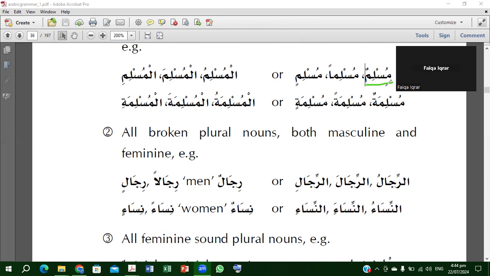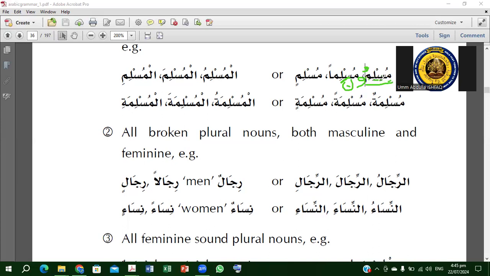مسلمون. Barakallahu feek. So what did we do? We add a wow noon in the end, right? Muslimun. So this double tanween turns into single dhamma, right? Muslimun, right? And this is called, because see, meme, seen, lam, meme, the four letters of this word are safe and sound.